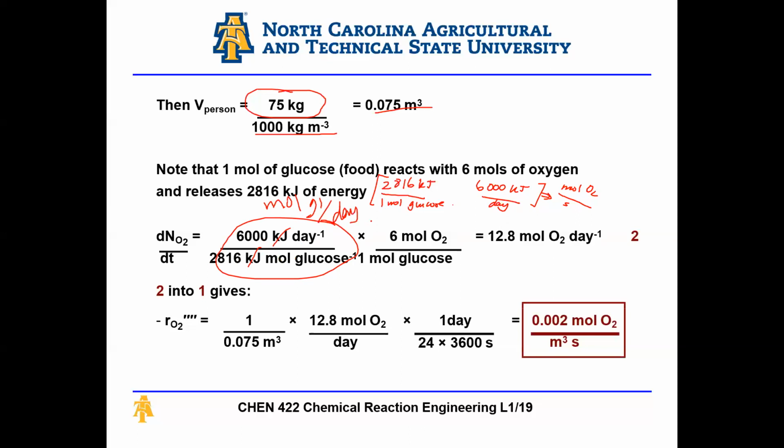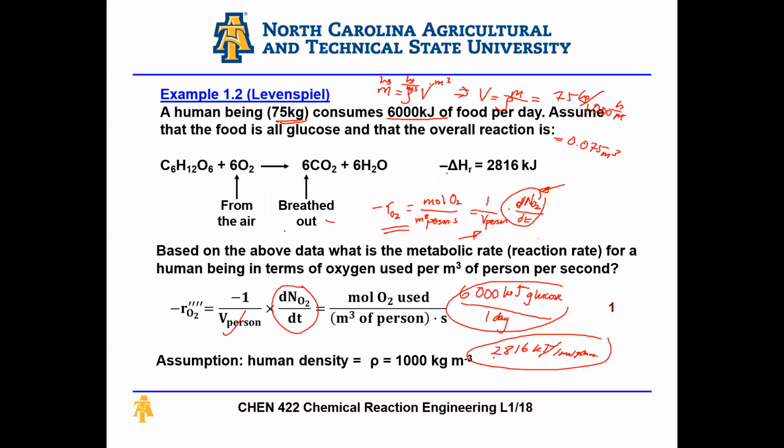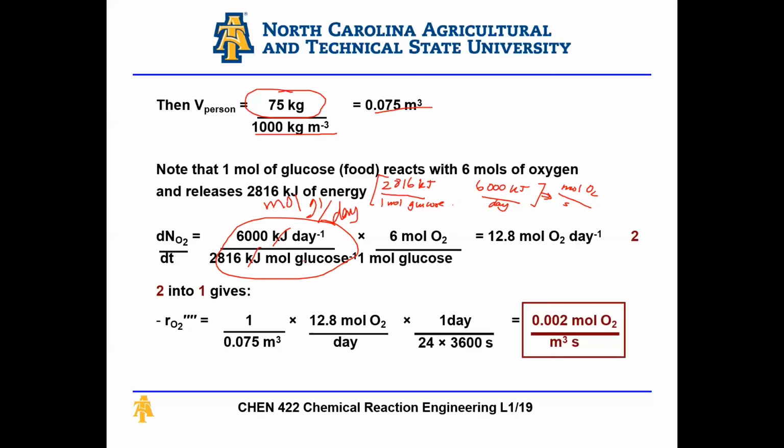After this, I multiply by the stoichiometric ratio between glucose and oxygen. So I have 1 mole of glucose to 6 moles of oxygen right here, and I get my final number, which is moles of oxygen per day. I then convert this from days to seconds right here, and then I divide this by the volume of the human being right here to get the reaction rate.